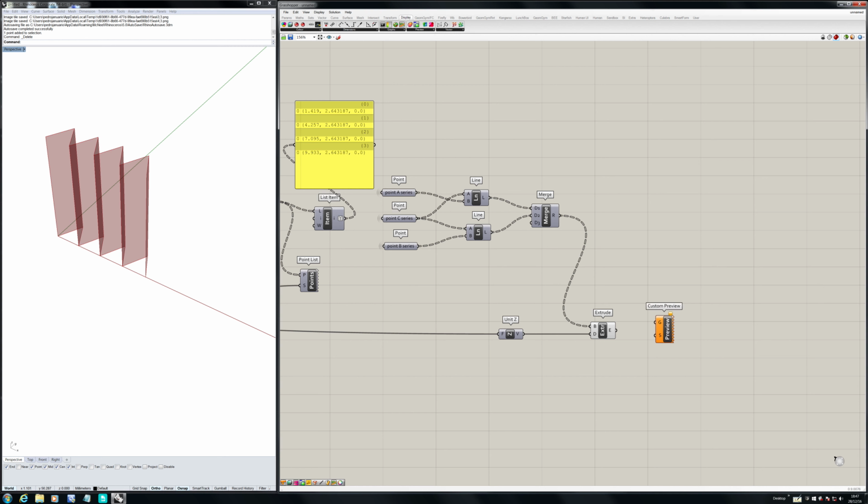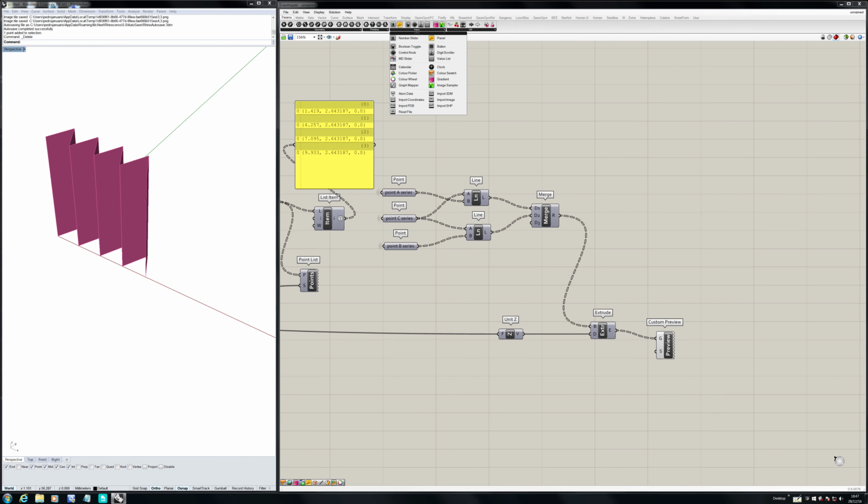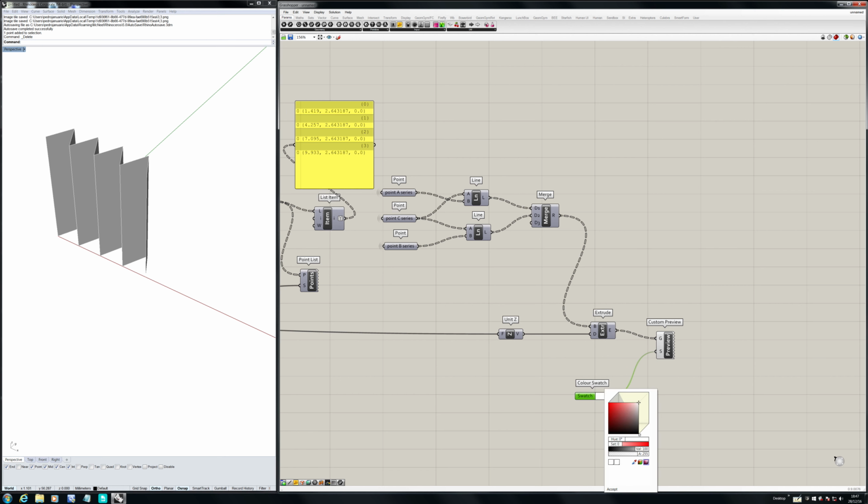So geometry, I'm going to, it's already pink, and graph color here, and I'm going to apply a color, a blue one.